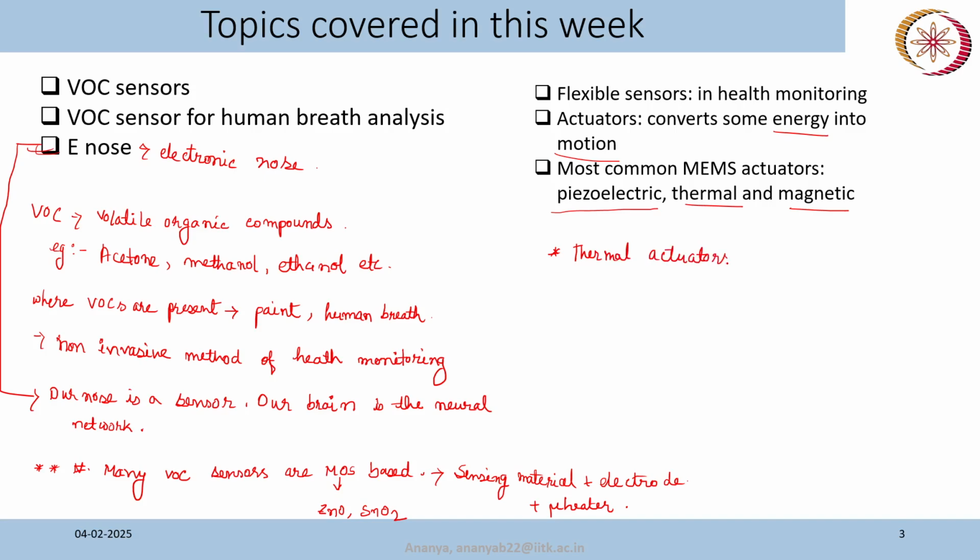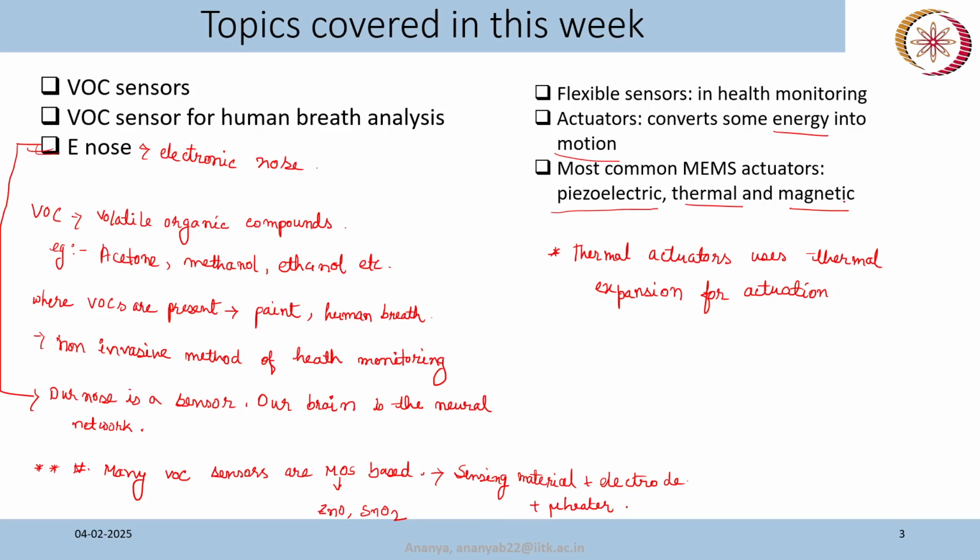Thermal actuators use thermal expansion for actuations. Okay, because at elevated temperature, at high temperature, different materials normally change their size and shape, and based on that some movement of some part in the system can happen, and that is what thermal actuation is.